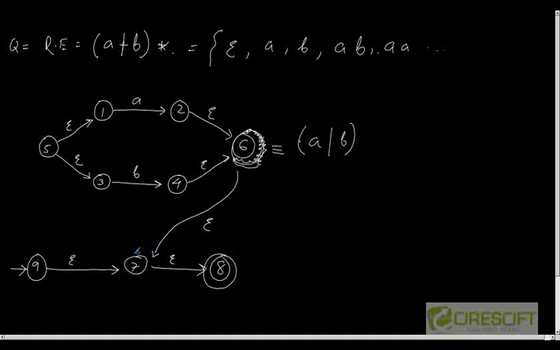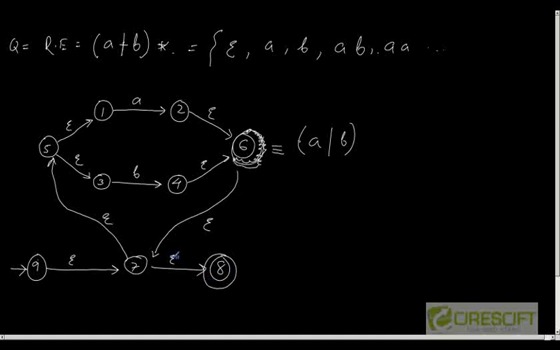Now how to do it recursively? From this 7 I can enter this loop through an empty transition. Understand? If I have to accept a, I first go from 9 to 7, then 7 to 5, then 5 to 1, then I consume the symbol a and reach 2, then make an empty transition to reach 6, from 6 again reach 7, and from 7 reach the final state 8.